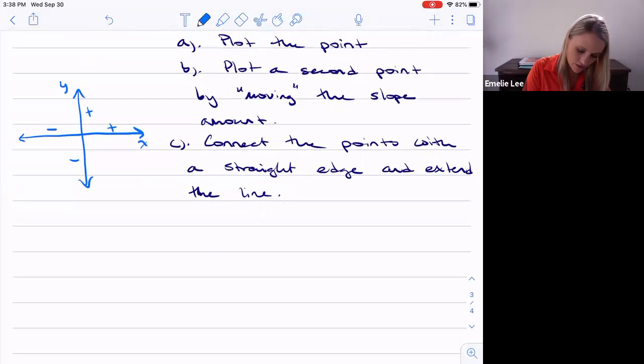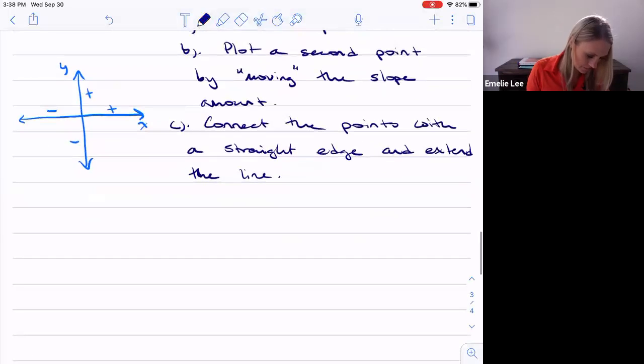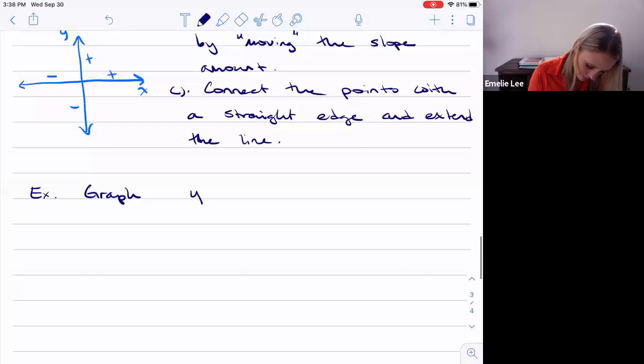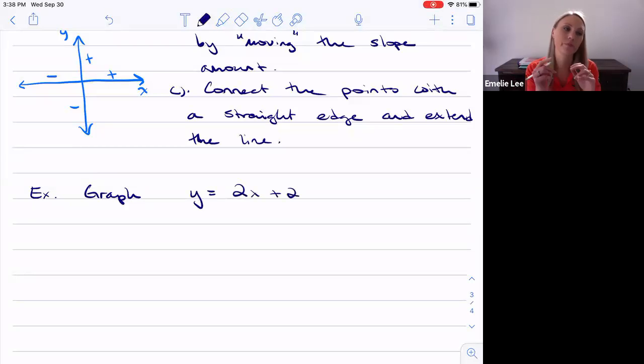So let's do an example. Or a couple of examples. If I want you to graph y equals 2x plus 2, you could do it either way. The easiest way here is to find 2 solutions because you have the equation of the line, and not just the point and the slope.